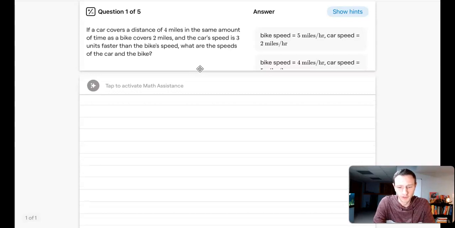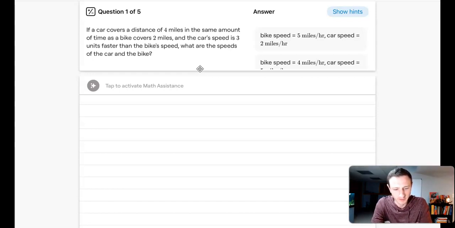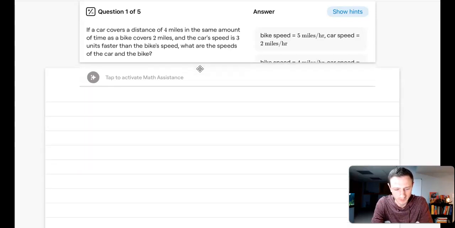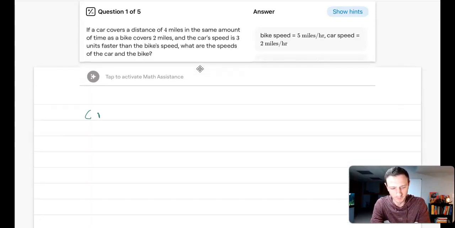Whenever you're in a situation where you're trying to solve these word problems, just start writing things down is always my go-to thing. So if a car covers a distance of 4 miles, we have a car, and it's gone 4 miles. We have a bike, and that has gone 2 miles.